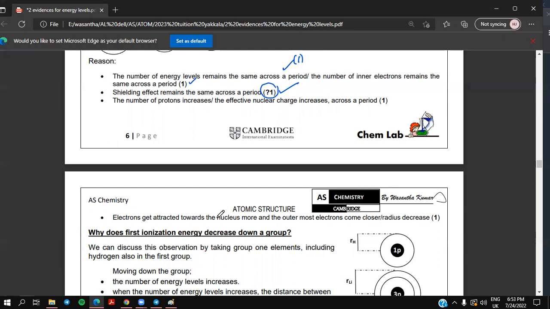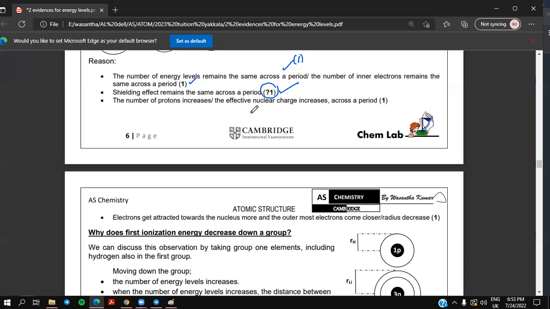Please put some effort and try to get the idea, not memorize the sentences. Get the idea and read the sentence. Then your idea plus the sentence will blend together. You can write the answer without a mistake in any exam.